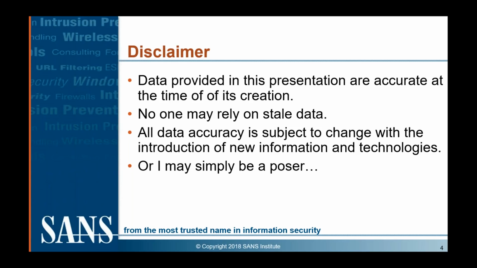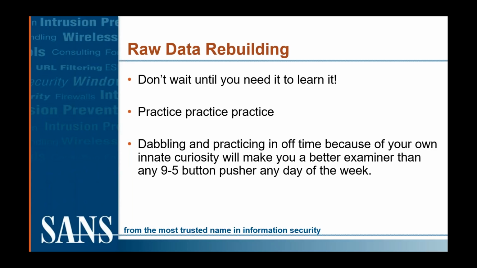For now, everything we're going to talk about today is present and accurate at the time that we're talking about it. May change tomorrow. You never know. Today we're going to be talking about raw data rebuilding, and what do we mean by that? Well, there's a lot of tools that we use to go out into a forensic image and extract data, and we rely on these tools far too much as far as I'm concerned.